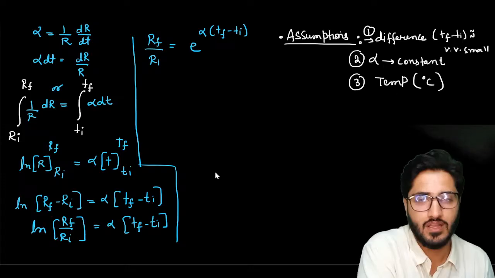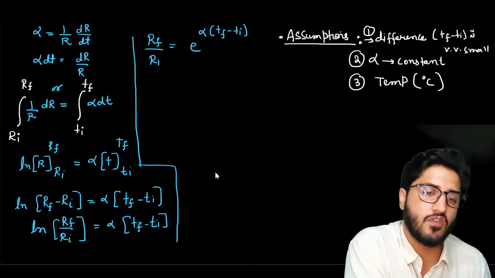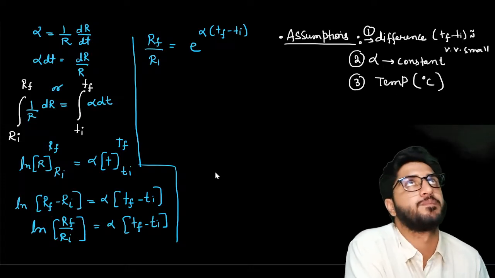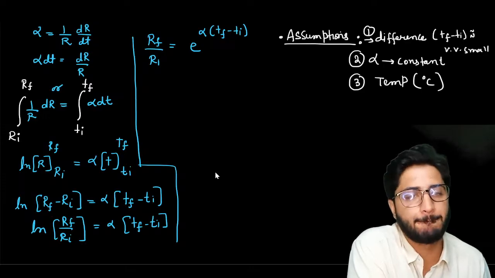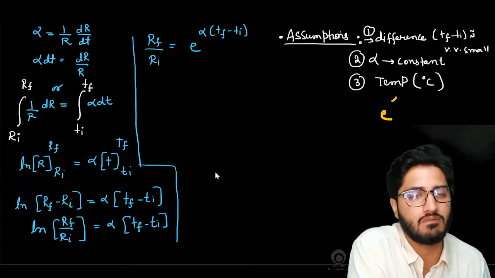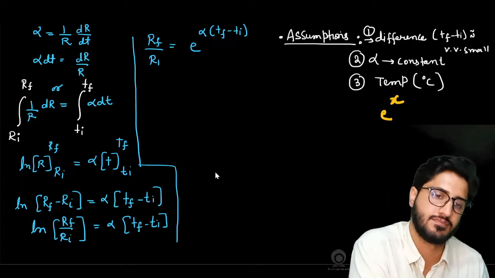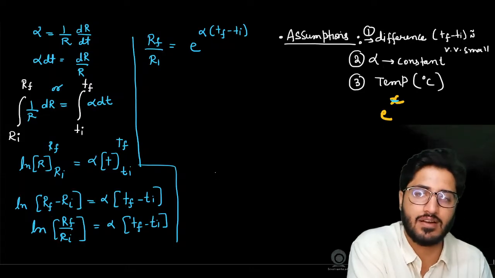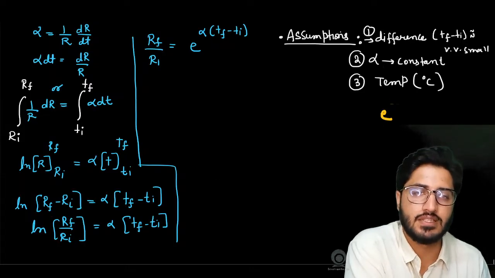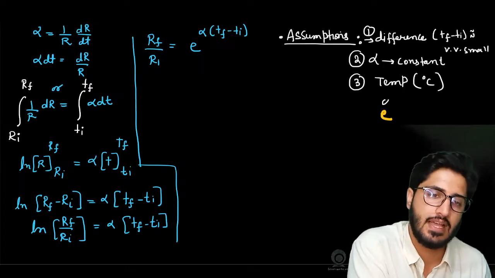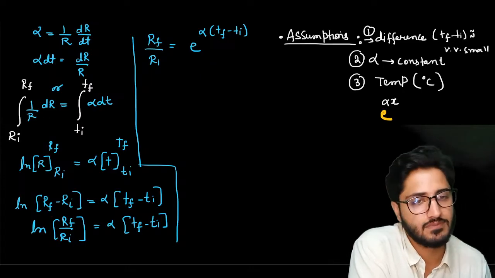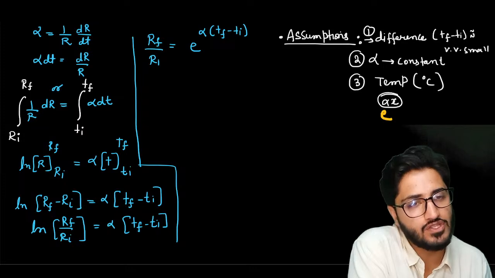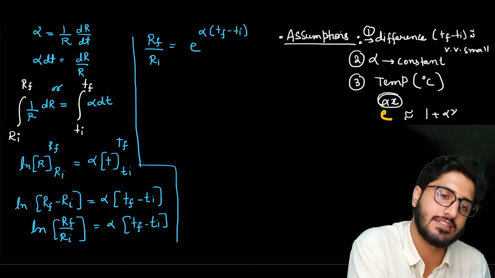Look now, you know that if we have e to the power alpha x, I will write like this. It is e to the power alpha x, and it is very small, so I can write it equals 1 plus alpha x.